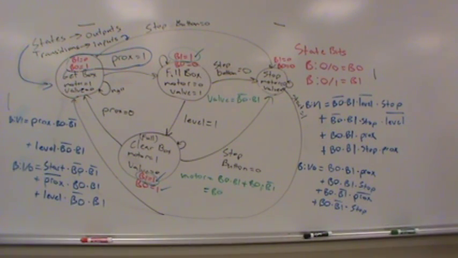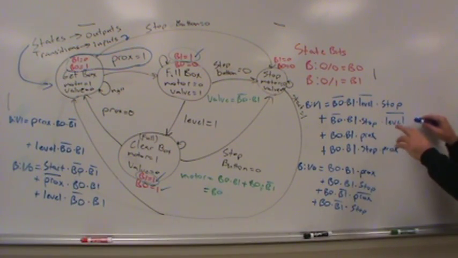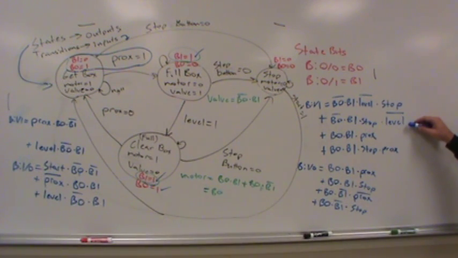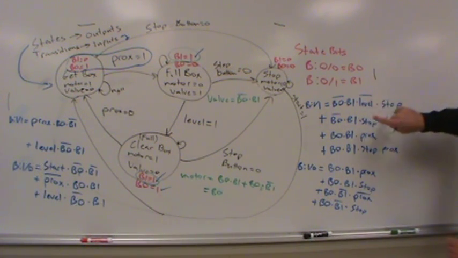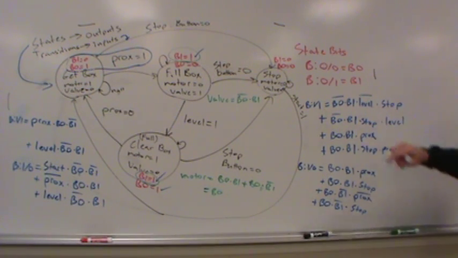Let's see. Well, this is the null transition. That's kind of what we're trying to make happen. Isn't it the same as the one above? Yes. It is the same as the one above, you're right. So that's what I'm saying, it would never go. But if we do this, then level's unimportant, we're just back to stop, which is the same thing. Well, it'd go to the clear box, right? I think that's what we want, right?